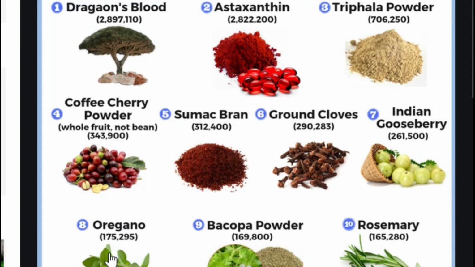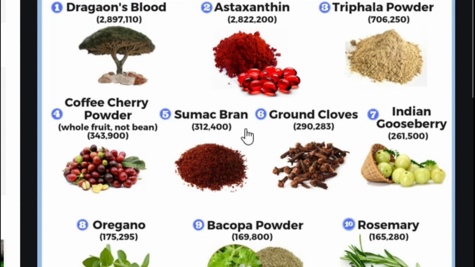The wild oregano is going to be a little more powerful, and it's going to be something that's very important. And that doesn't mean you just load up on dragon's blood or astaxanthin or any of these. This is just an example, since antioxidants should come from your diet.